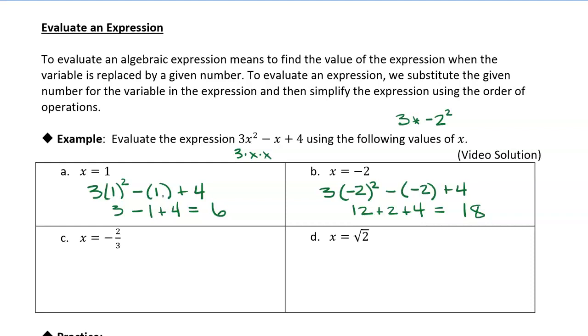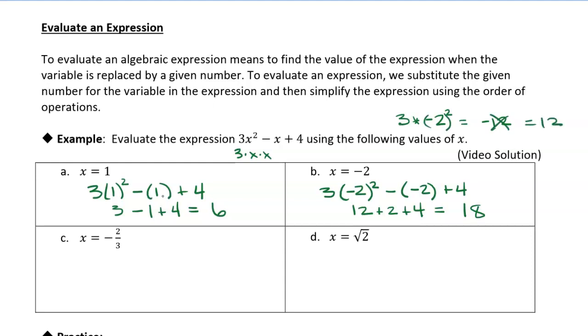So just be careful. Put parentheses around the negative 2 so that you're taking negative 2 times negative 2, which becomes a positive 4. If you did this in your calculator without parentheses, you would end up with a negative 12, which would be wrong. You need parentheses, and then you'll get 12.